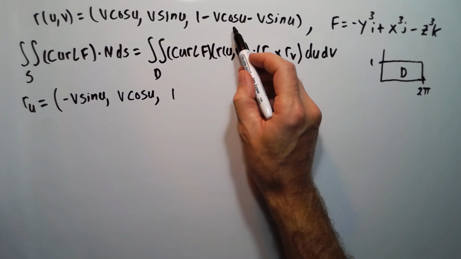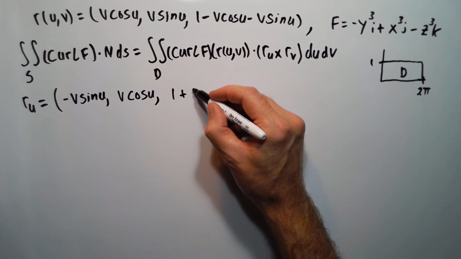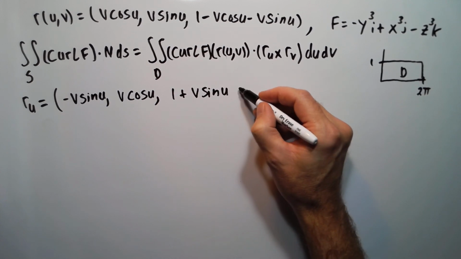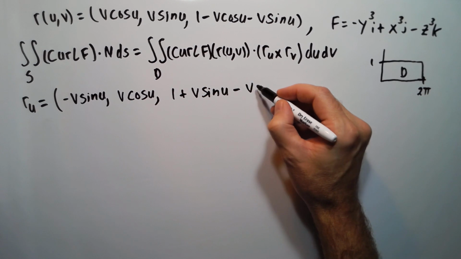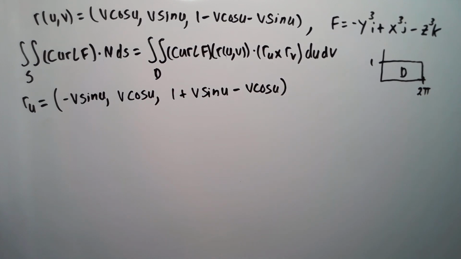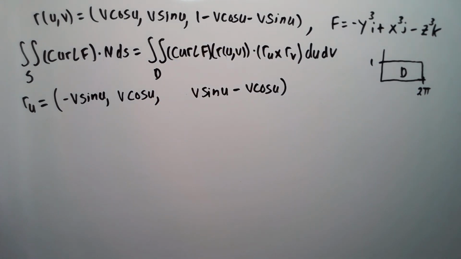And minus the derivative of this guy will be minus sine, because of the minus in front also, it will be plus v sine u, and then minus v cosine u. So that's that guy taken care of. Let's do rv next. Oh, sorry, this shouldn't be here. Derivative 1, 0. Messed up there. So let's do rv next.